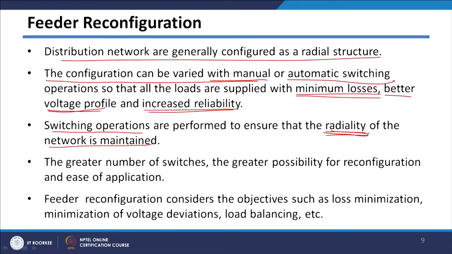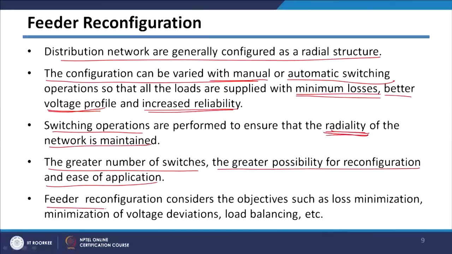If you put more switches in your distribution system, you have a lot of flexibility to reconfigure, so there is greater possibility of reconfiguration and ease of application. In this case also, as I told you, it becomes an optimization problem, because getting the configuration with minimum loss needs optimization.